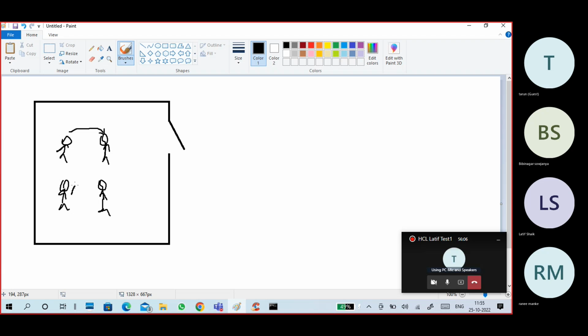Or if Saujanya wants to talk to Tarun, he has to give some information, notes or something, and it is not required to access this door. Same thing with Rene, there is no need of the door.